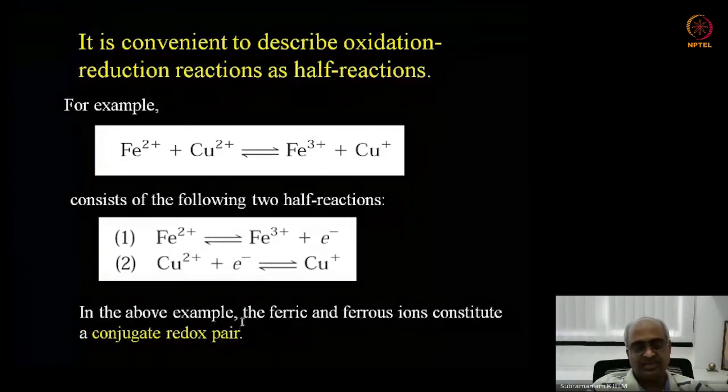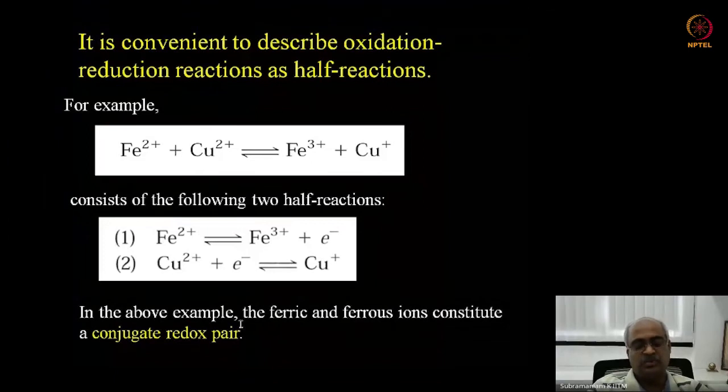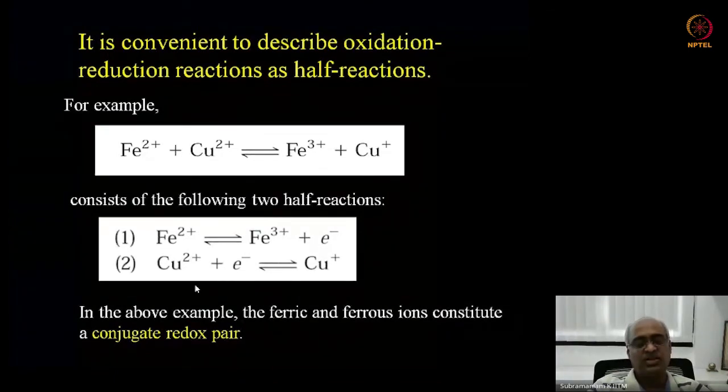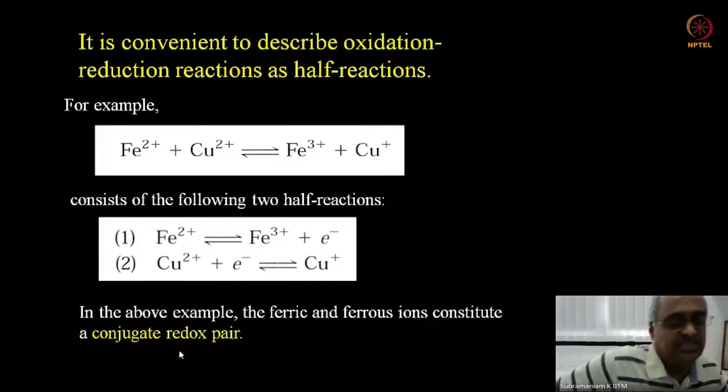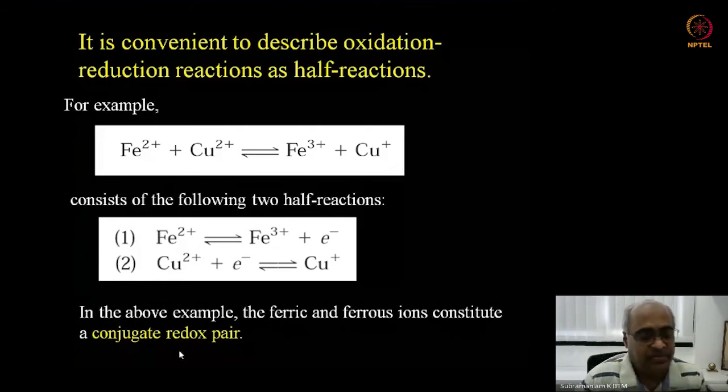Here the discussion or the naming is purely centered on whether a given species loses an electron or accepts an electron. And the donor and acceptor of electrons form a redox pair. Okay, so that is how the conjugate acid base pair is different from a redox pair.